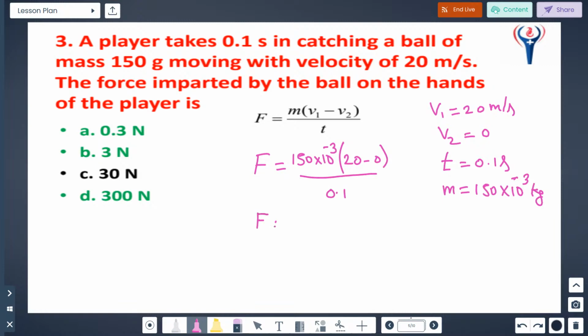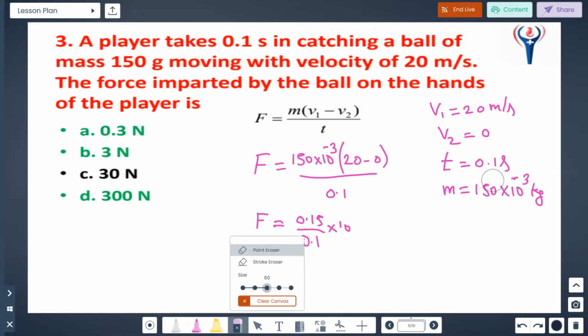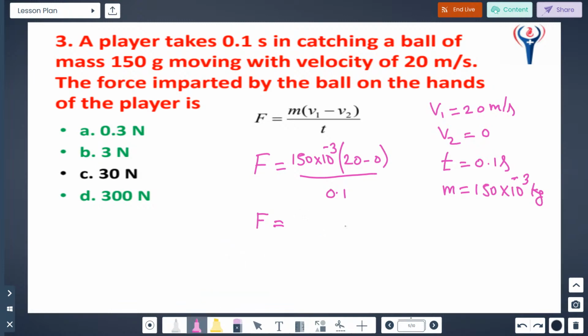F equal to 150 into 10 power minus 3, into 20 by 0.1, which is 30 Newton. That is option C. Option C is the correct answer.